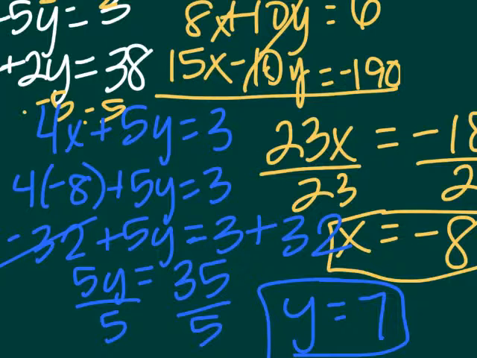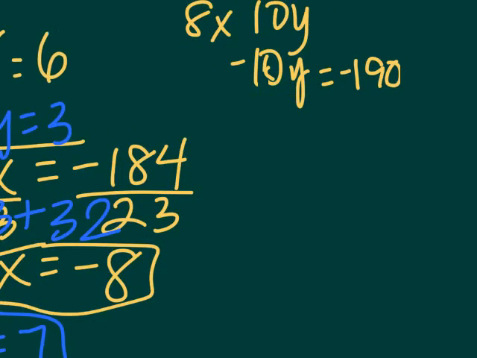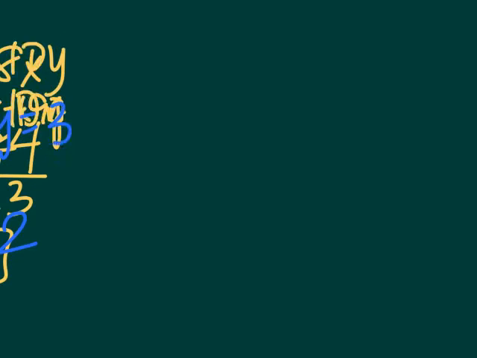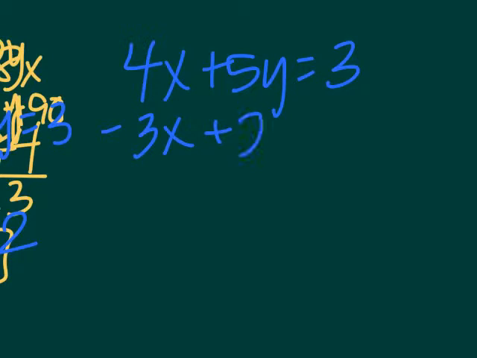Excellent. Okay, so now let's see if we can get a clean area to work with. Let's rewrite our two original equations again. You have them on your paper, but I don't. So our two original equations were 4x plus 5y equals 3 and negative 3x plus 2y equals 38.